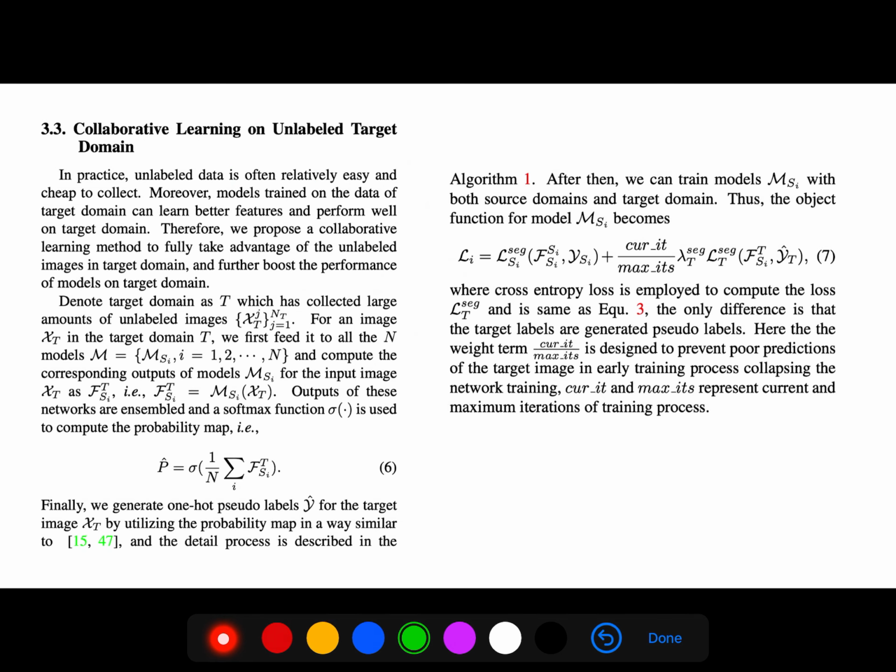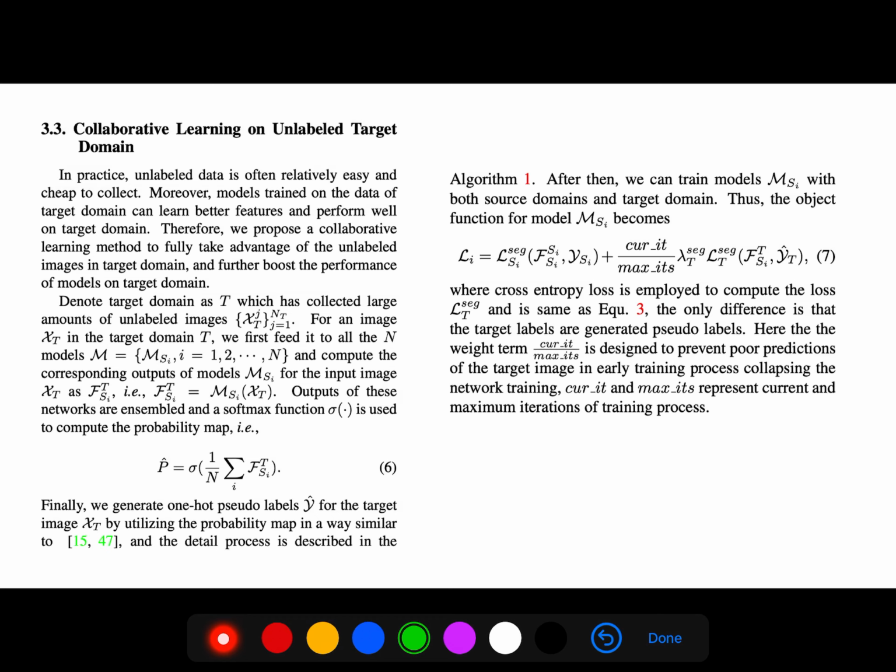In practice, unlabeled data is often relatively easy and cheap to collect. Moreover, models trained on the data of target domain can learn better features and perform well on target domain. Therefore, we propose a collaborative learning method to fully take advantage of unlabeled images in the target domain and further boost the performance of models on target domain.